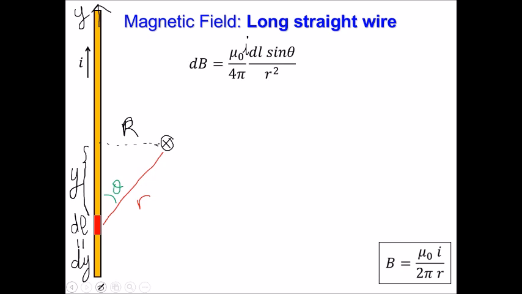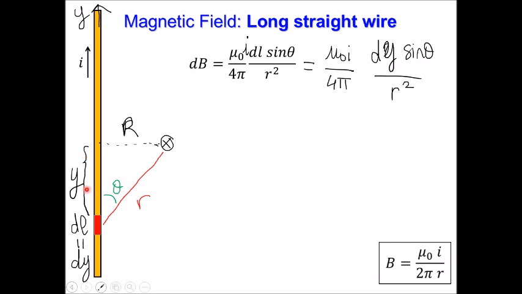So dB will be equal to mu 0 I over 4 pi, that's constant, dy sine theta over r squared. Now, when I move this element length along the wire, what is changing?